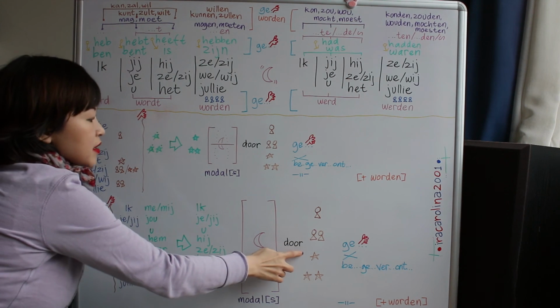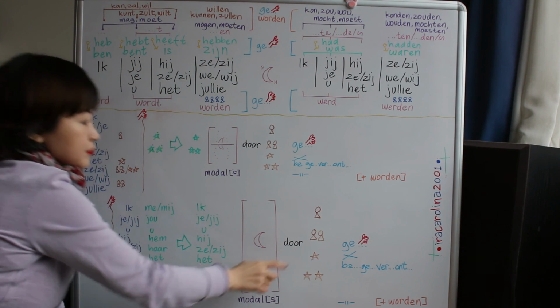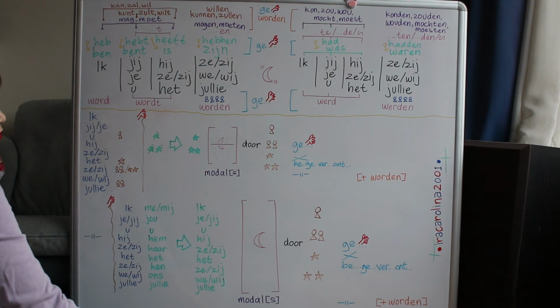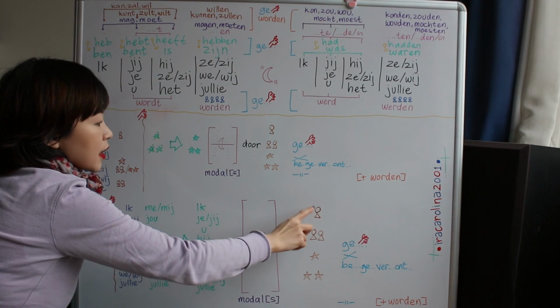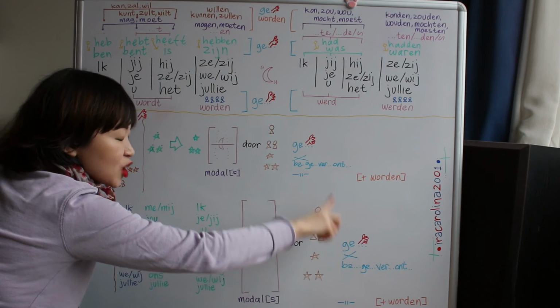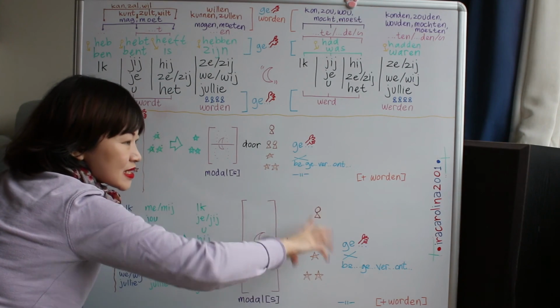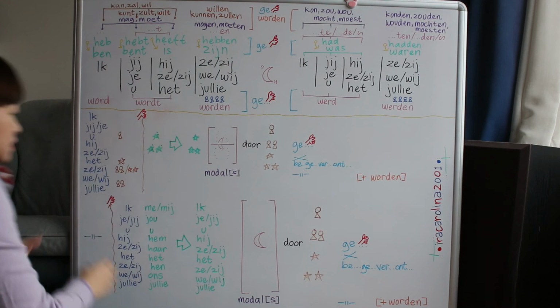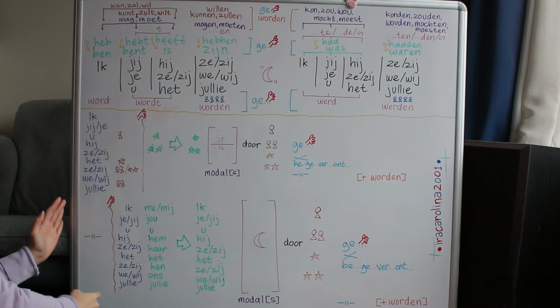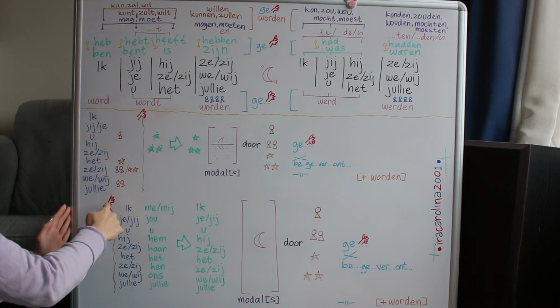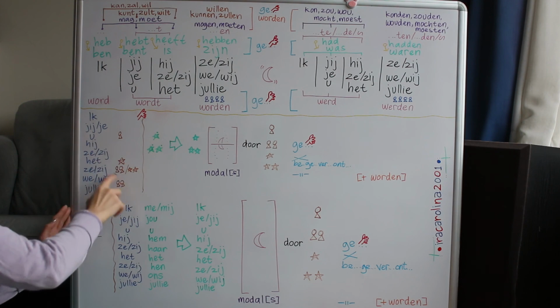We put the same here, door. And this one, the object, is the one that was subject in the active sentence. Yeah, similar to this one.